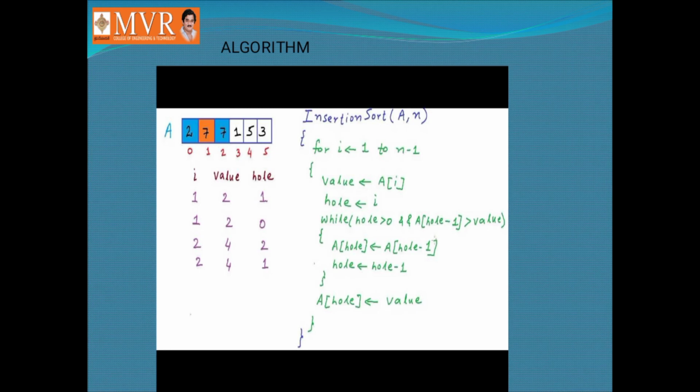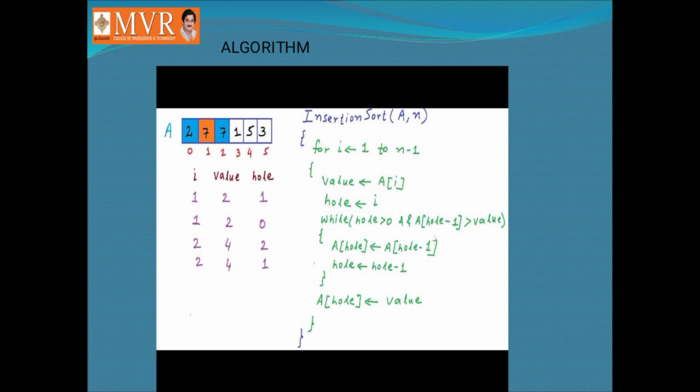This is an algorithm for the insertion sort technique. The name insertion sort is given because it is the insertion sort technique, and the function name should be related to it. So I have given it as insertion sort, A comma n. A is an array of elements and n is the number of elements.